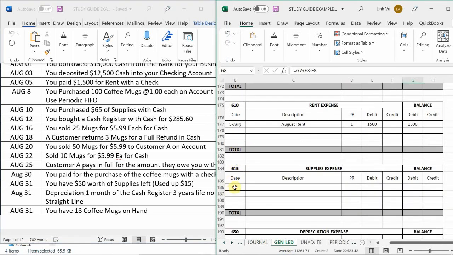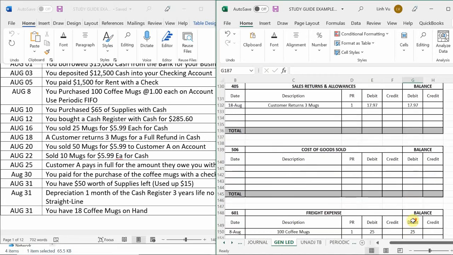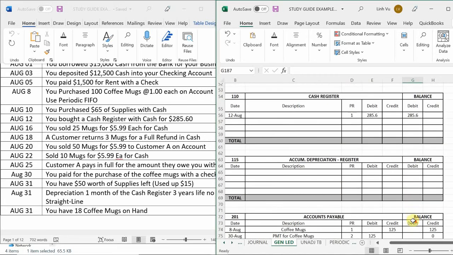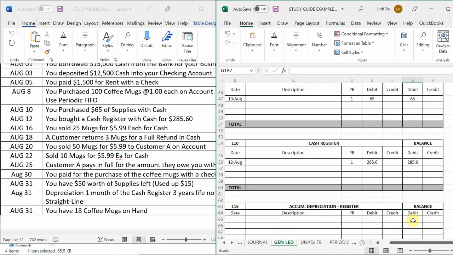So supplies expense, 831, for $15. Okay. And I'm going to go ahead and go to my supplies. So supplies number 105.